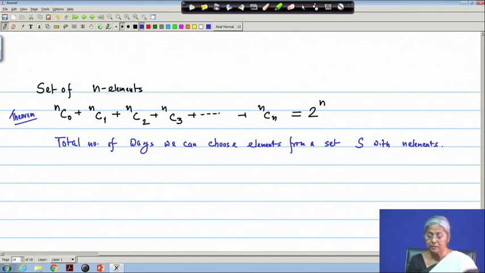This is my left hand side; it tells that I can choose 1, 2, 3 like that. What does my right hand side tell?